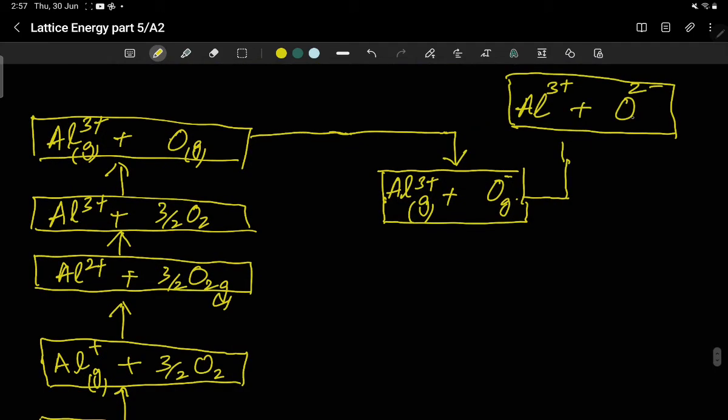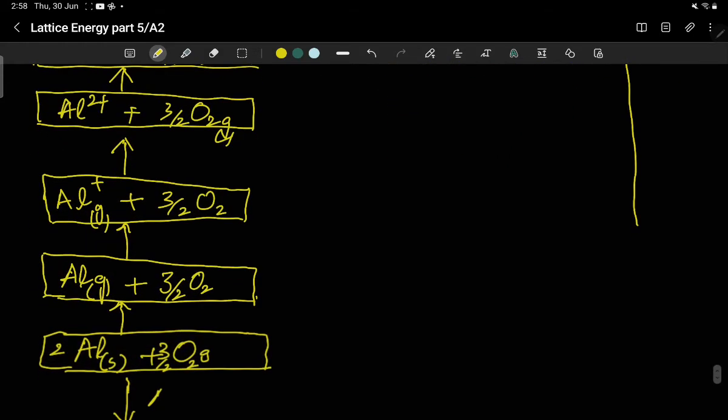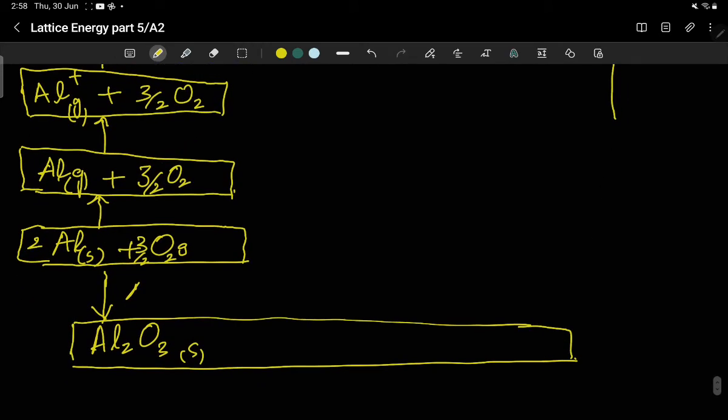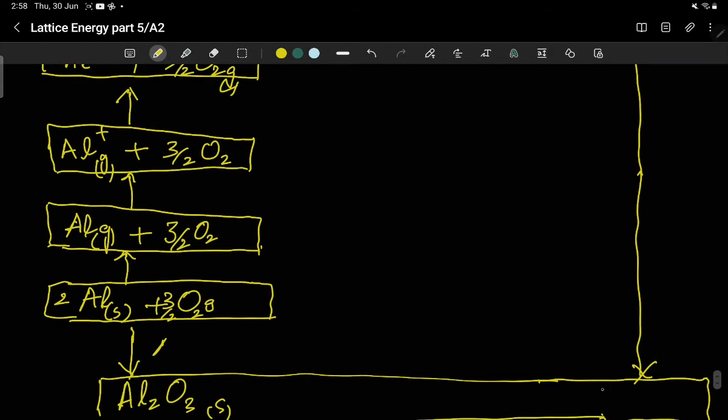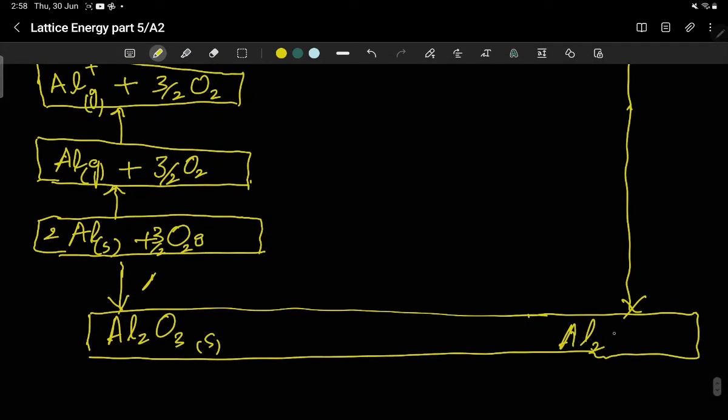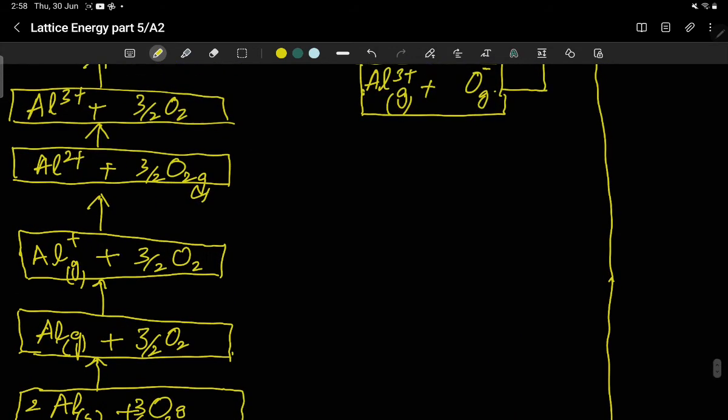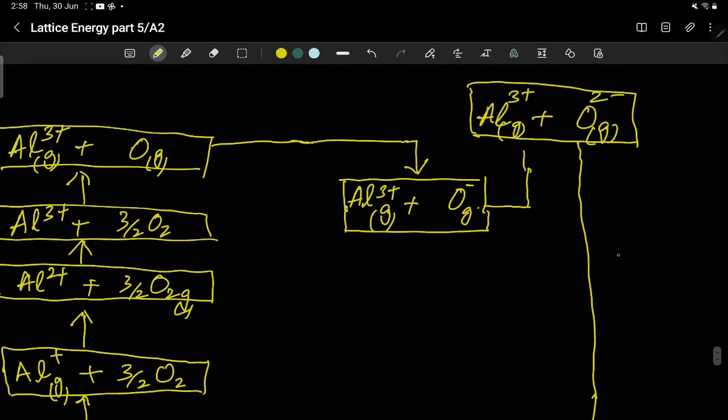And now aluminium 3 positive in gaseous state and oxide ion in gaseous state react with each other to form aluminium oxide, and it involves the enthalpy change of lattice energy of Al2O3. Opposite ions react with each other, delta H lattice energy is always negative, exothermic.